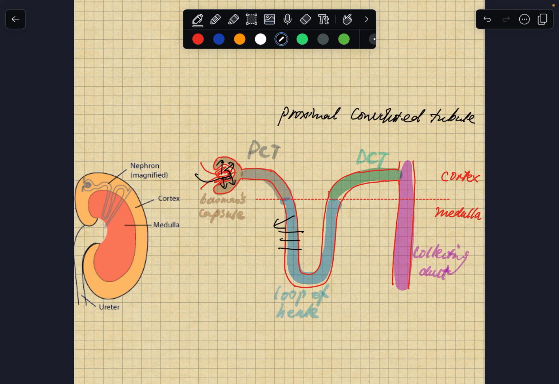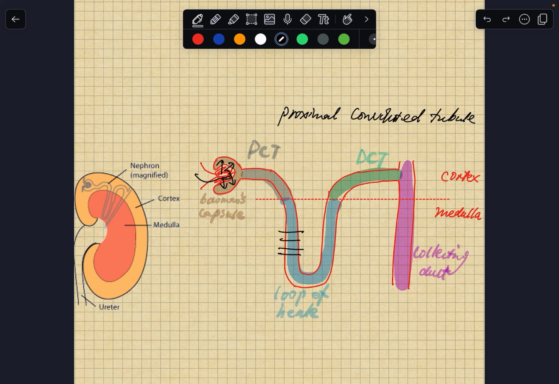So the descending loop of Henle does have water transporters that can reabsorb water back to the bloodstream, okay? All right, and then we move on to the ascending loop of Henle, okay? That's where we have the ion channels that can reabsorb sodium, potassium, calcium, magnesium, things like that, okay?